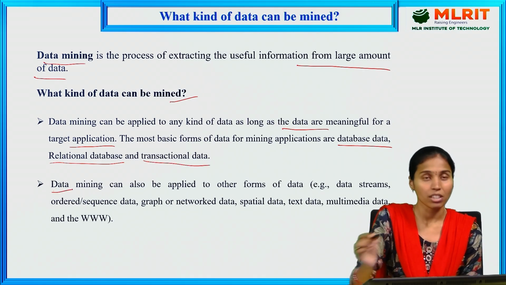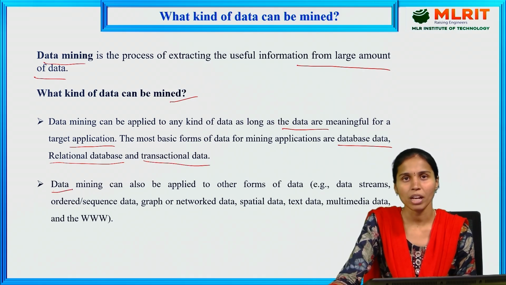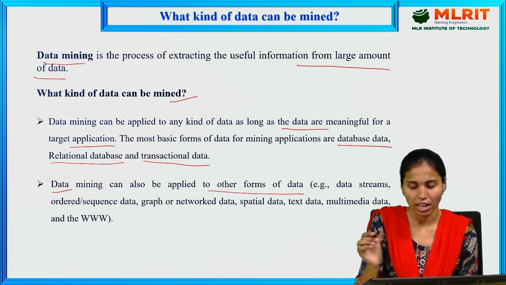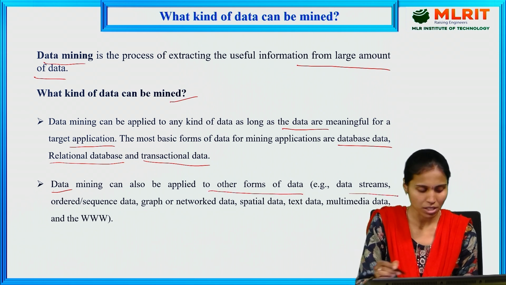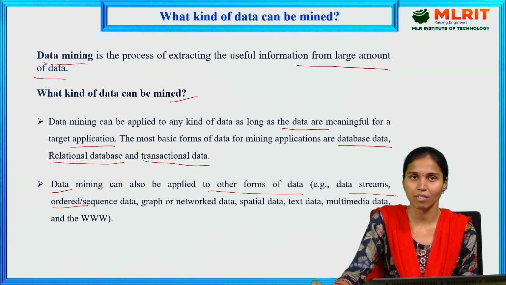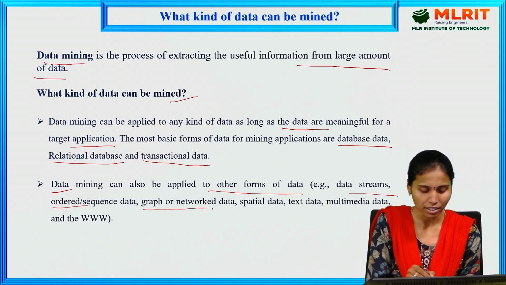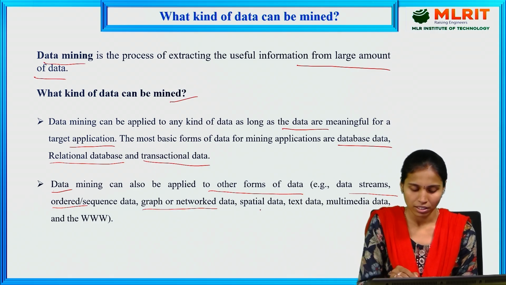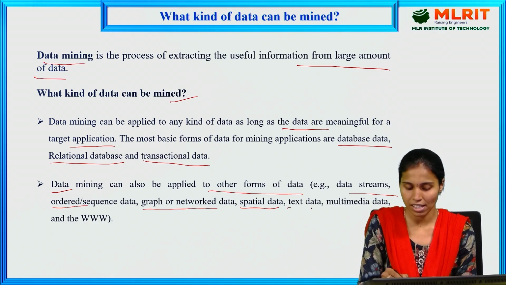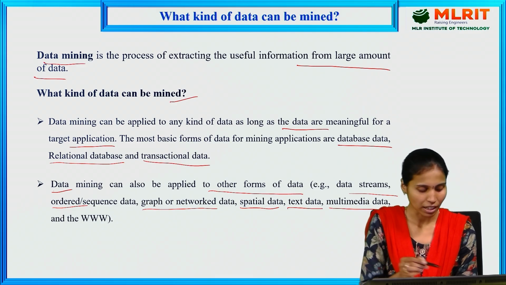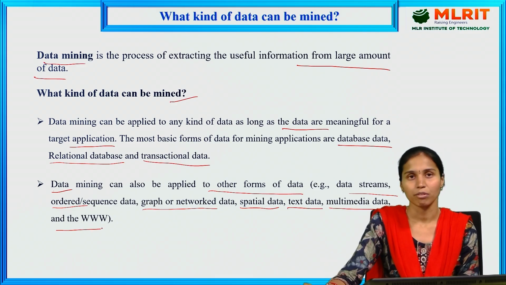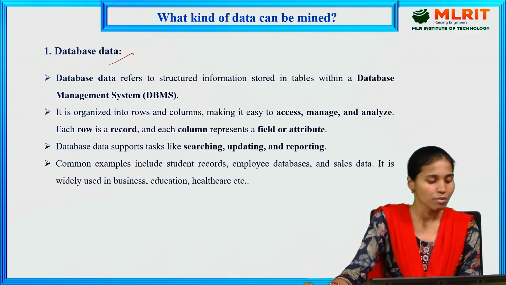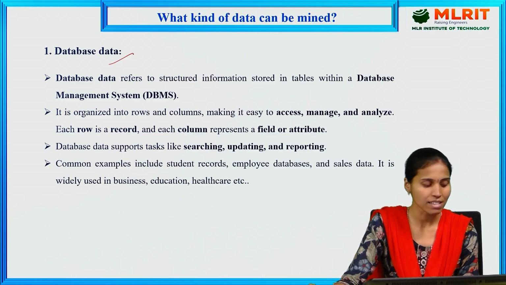Data mining can also be applied to other forms of data, for example data streams, ordered or sequence data, graph and network data, spatial data, text data, multimedia data and the World Wide Web. So, the first one is database data.